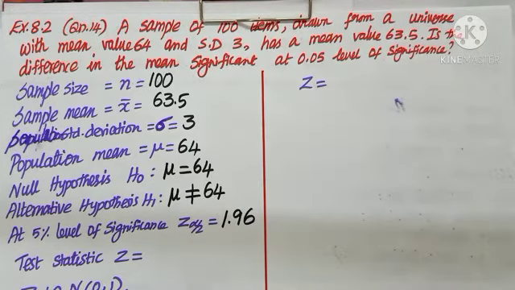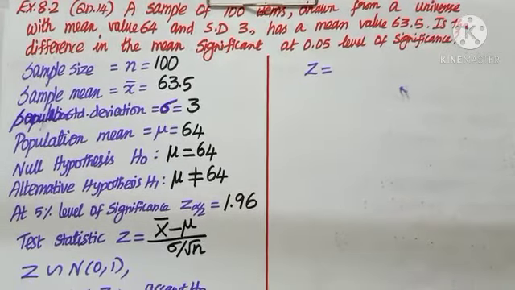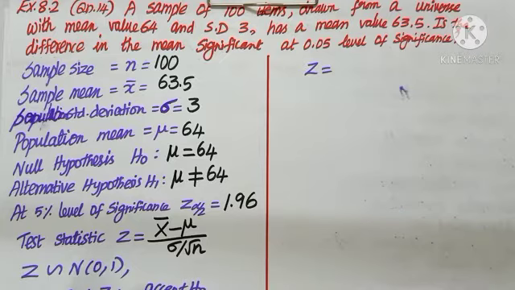The test statistic, we must remember the formula: x bar minus mu by standard error, that is sigma by root n. And we know Z is a standard normal variable. Z follows N(0,1), normal distribution with mean 0 and variance 1.